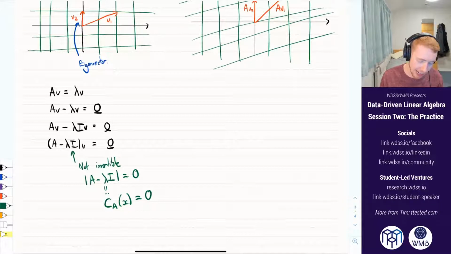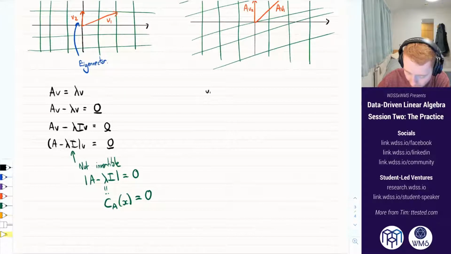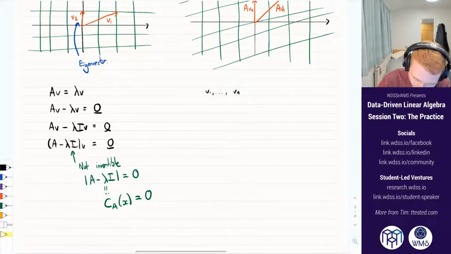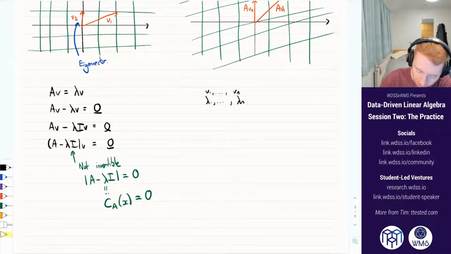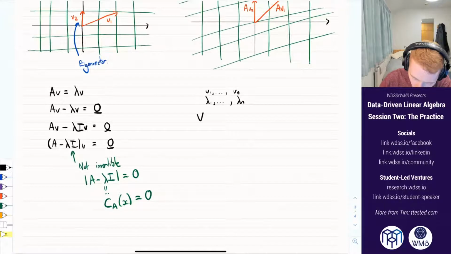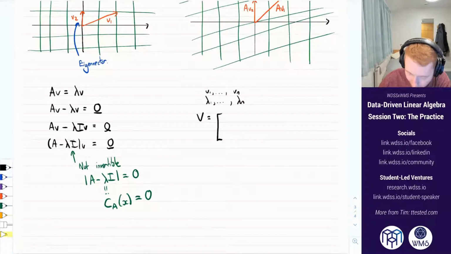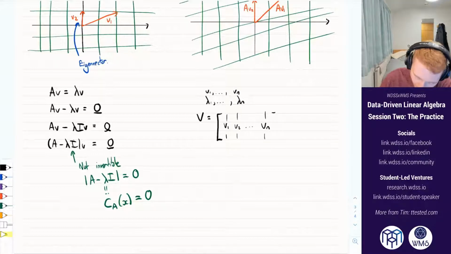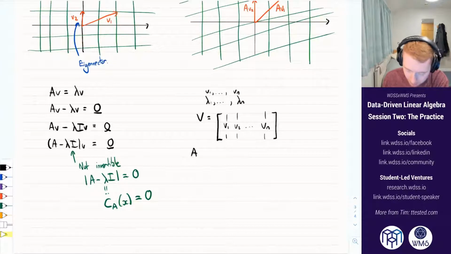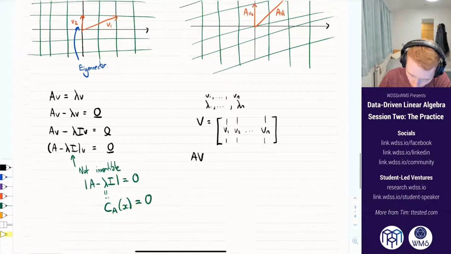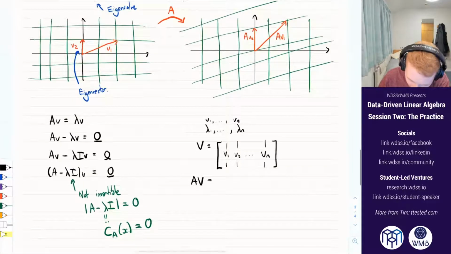Now we're going to introduce a slightly different idea. Let's say we have eigenvectors v1 up to vn, and we have the corresponding eigenvalues lambda 1 up to lambda n. We're going to make a matrix V which has these eigenvectors as its columns, and we're going to write A times V. We know that what that's going to be is a matrix looking like this.